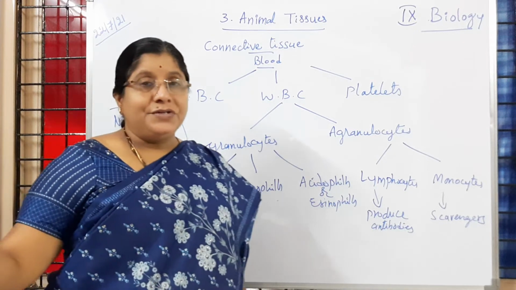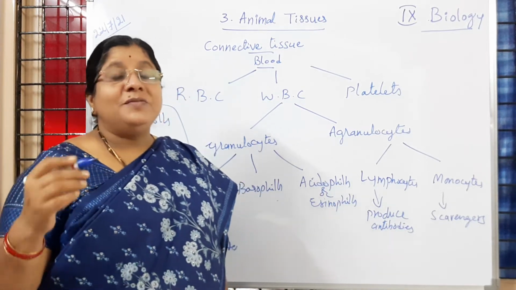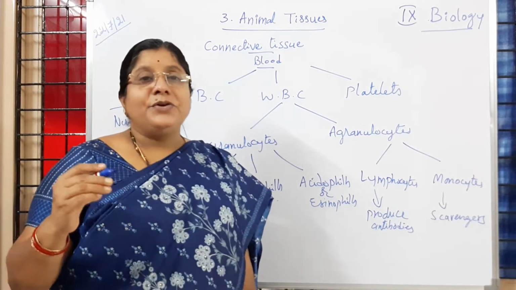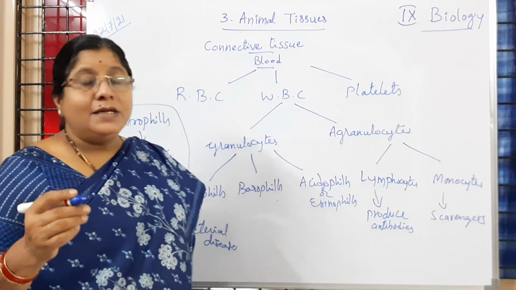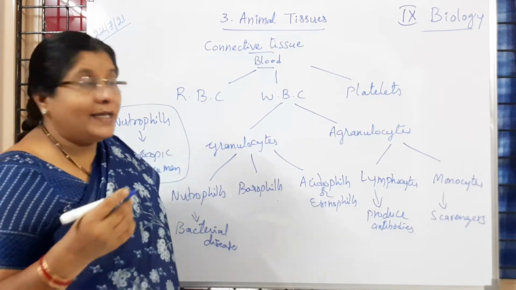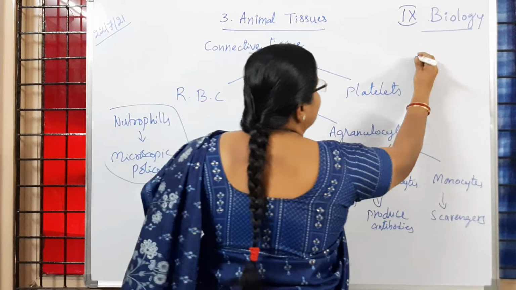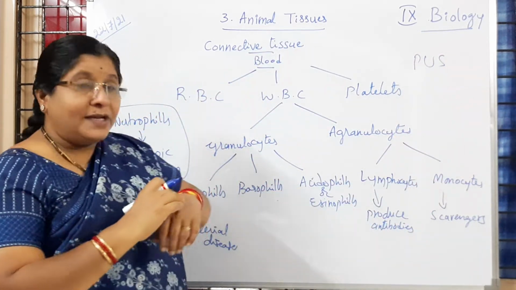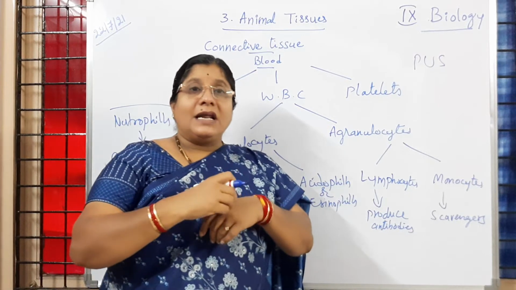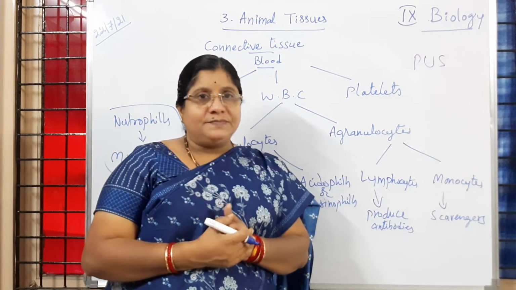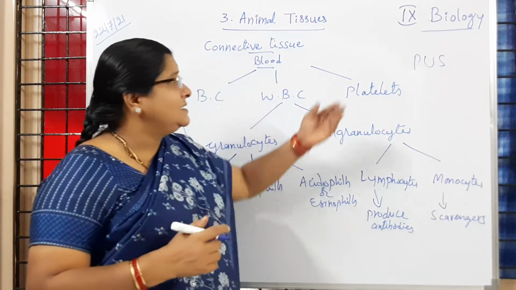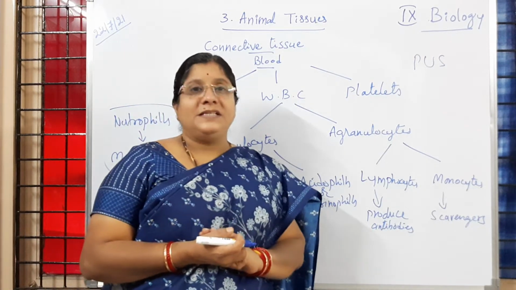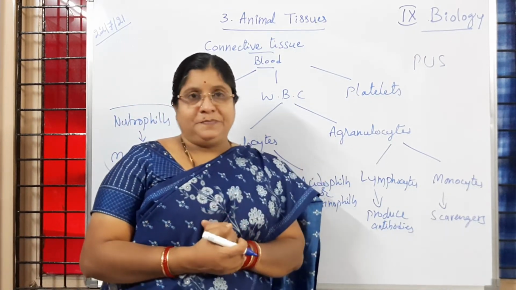The dead WBC are sent out of the body through wounds or injuries in the form of pus. In Telugu we call it cheemu. No children, when we get a wound, a colorless fluid oozes out. Is it not? That is nothing but dead WBC. Is it clear to you?